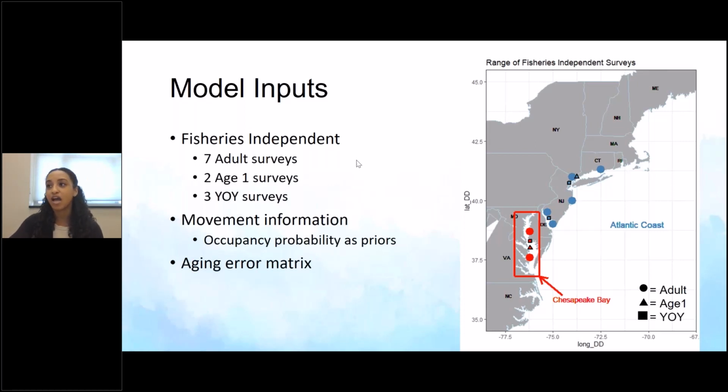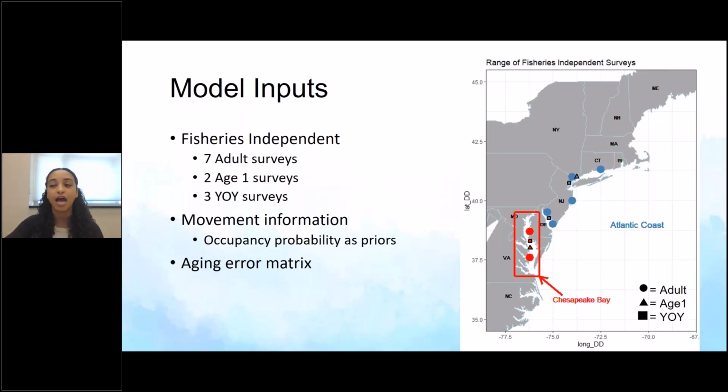And we also have 2 age-1 surveys in this model that are indicated by the triangles here on the right, with 1 in either spatial region. We have 3 young of the year surveys shown in the squares, where each of them exists in those major biological stock areas.